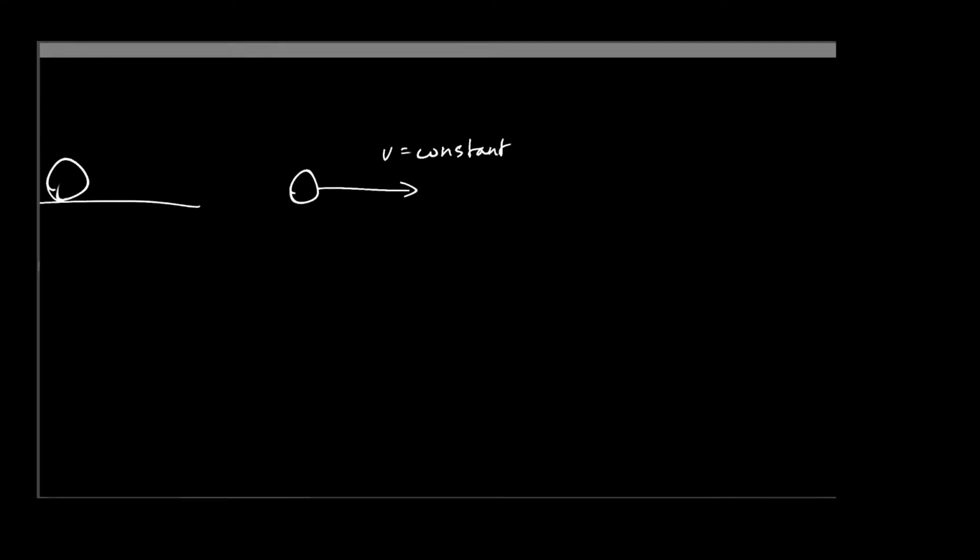But the second part of the law of inertia is a little harder to see in life. It says that if an object is moving at a constant velocity, then it will continue to do so forever, so long as there are no net forces acting upon it.